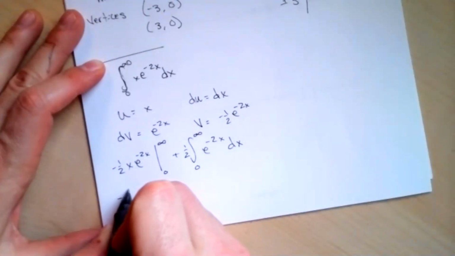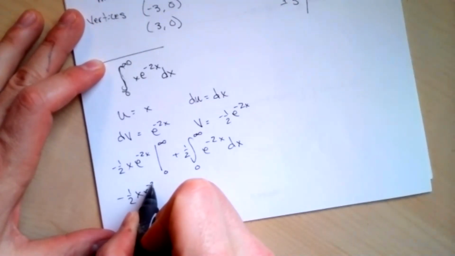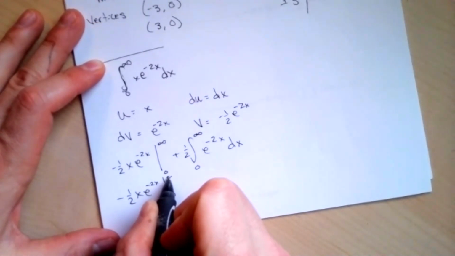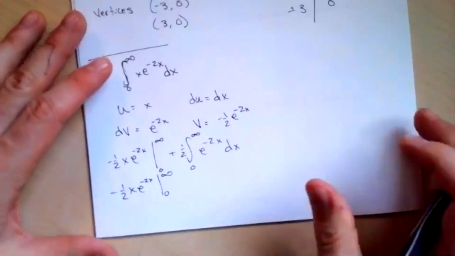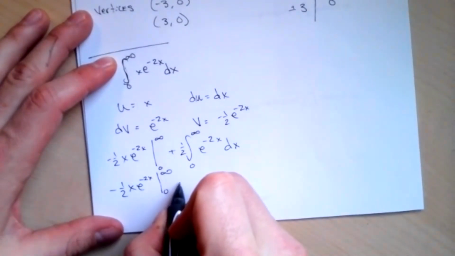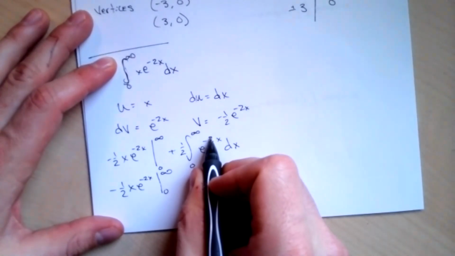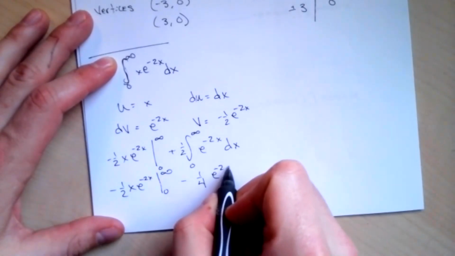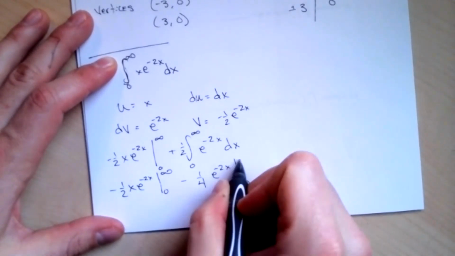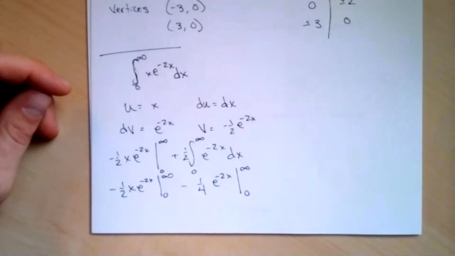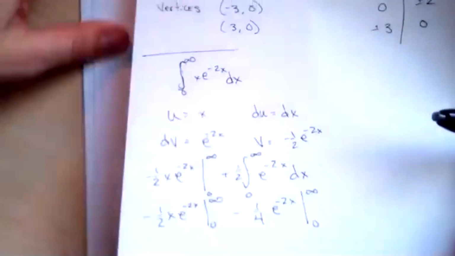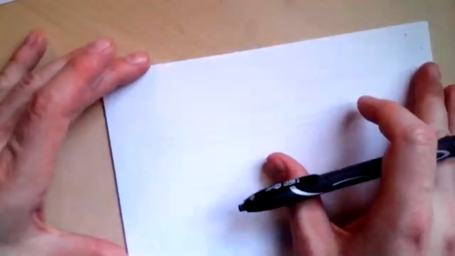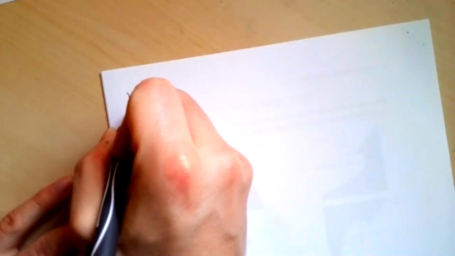Finishing the integral, so minus 1/2 x e to the minus 2x. I like to just do all of the evaluations at the end. You could do the evaluations now for that part if you wanted. And then when we integrate again, we'll have another factor of negative 1/2. So to evaluate it, we can compute everything as a limit.